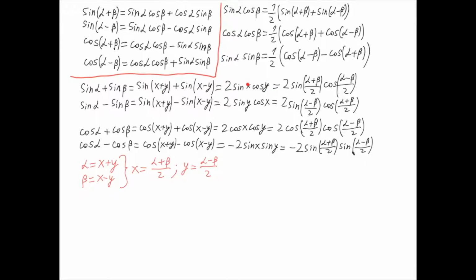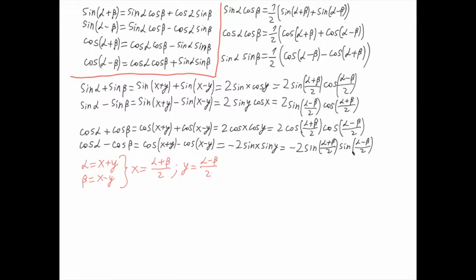And now sine of x equals sine of alpha plus beta divided by 2, because x equals alpha plus beta divided by 2, and cosine of y equals cosine of alpha minus beta divided by 2, because y equals alpha minus beta divided by 2. Therefore, the formula for sine of alpha plus sine of beta is 2 times sine of alpha plus beta divided by 2 times cosine of alpha minus beta divided by 2.